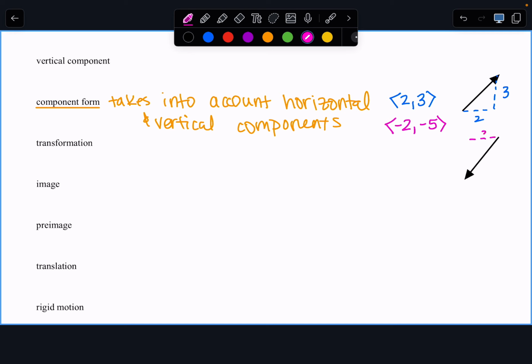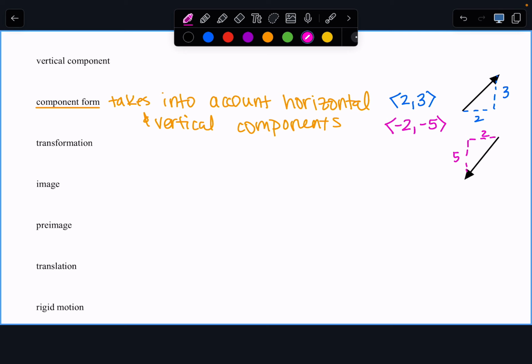Just go with it. I understand that we've got to get the vocabulary down before we can do the fun things, okay? So just roll with it, all right?